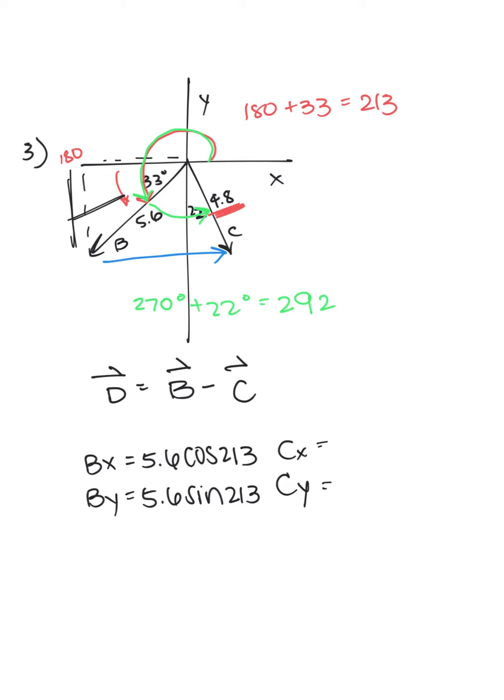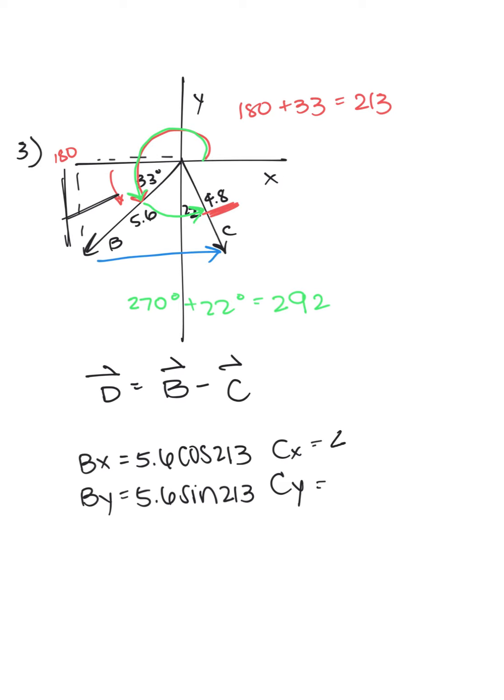So when we write out our CX, it will be our hypotenuse 4.8, cosine, because we are looking for X, and X is adjacent to the angle, 4.8 cosine 292, and 4.8 sine for Y, 292. And now we can plug these in and find our answer.